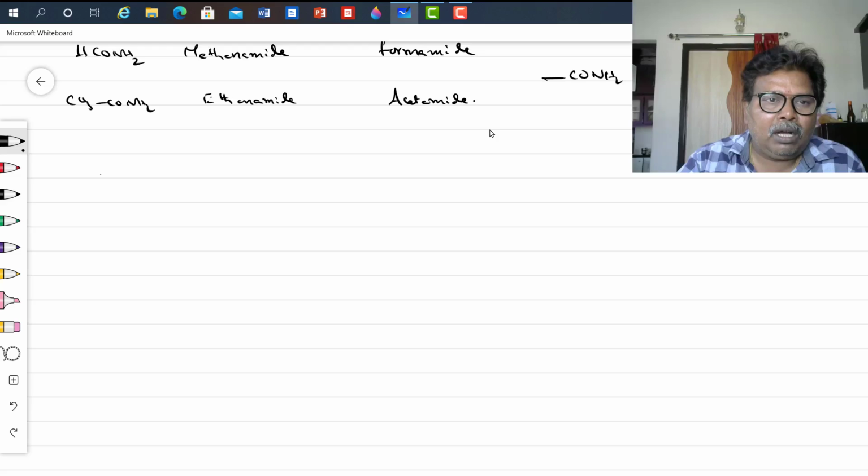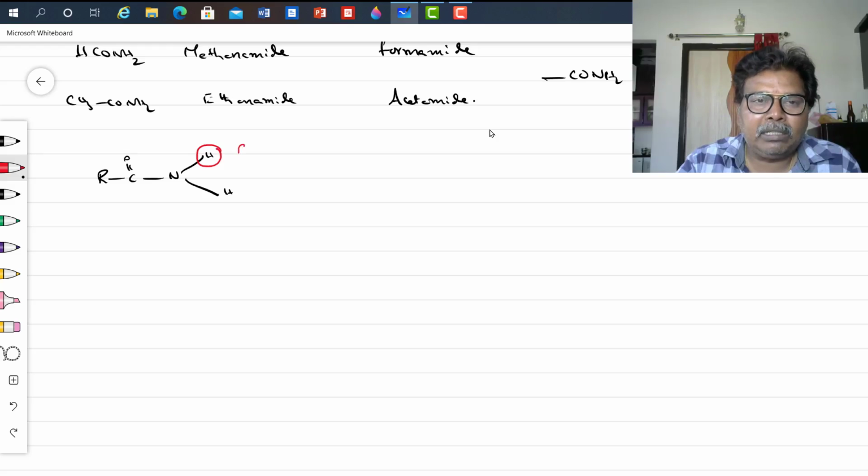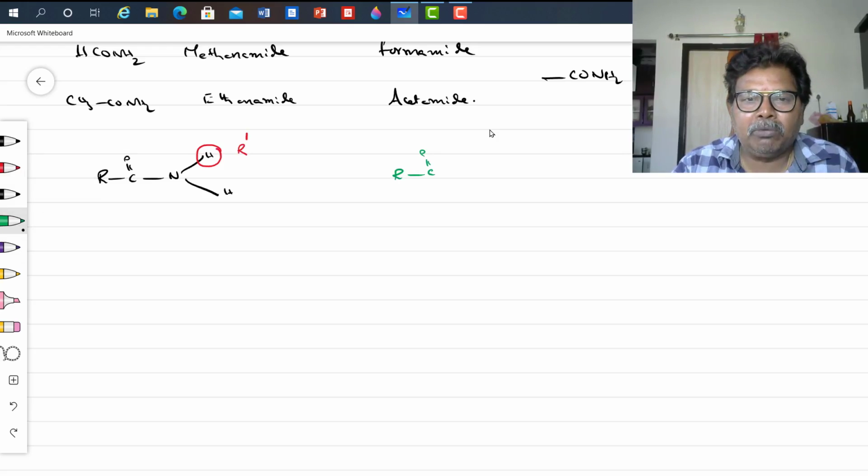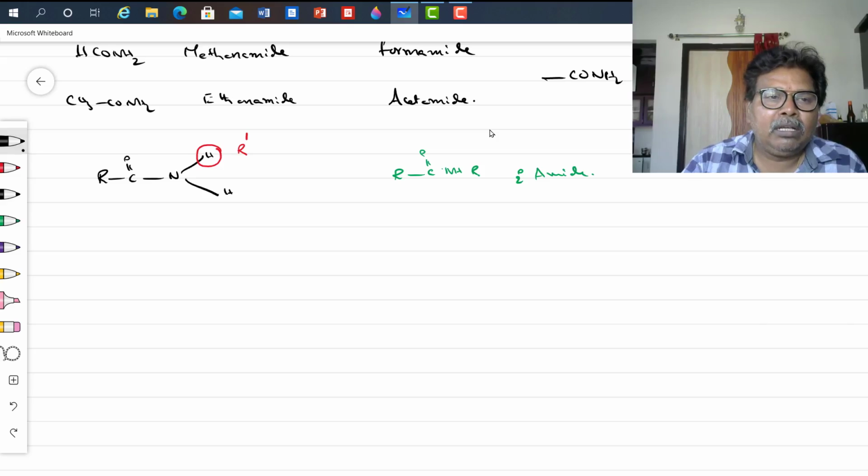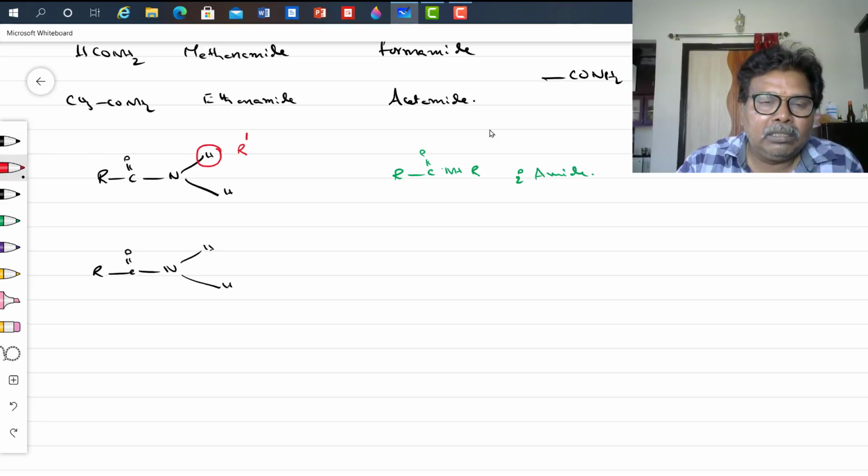Now, RC double bond O, NH2, primary amide functional group. If one hydrogen is replaced by an alkyl group, then the compounds obtained are RC double bond O, NHR. This is called a secondary amide functional group. Similarly, RC double bond O, NH2 is the primary amide functional group.